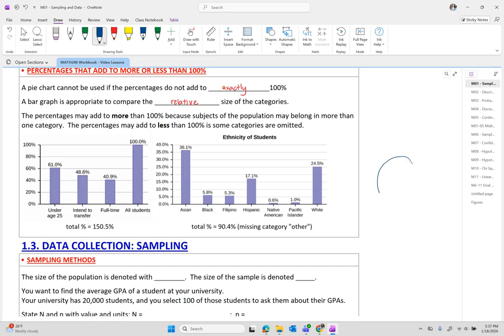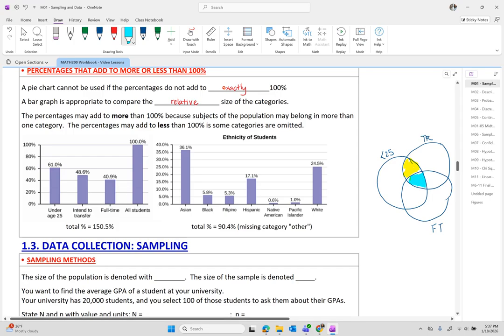We will have a bubble for under 25 years old. We would have a bubble for intent to transfer, and we would have a bubble for full-time. And even though the bubble for less than 25 will have 61%, some of that 61% could be in the category to transfer only, or in the category to transfer and also to be full-time, or in the category of being only full-time with no intent to transfer.